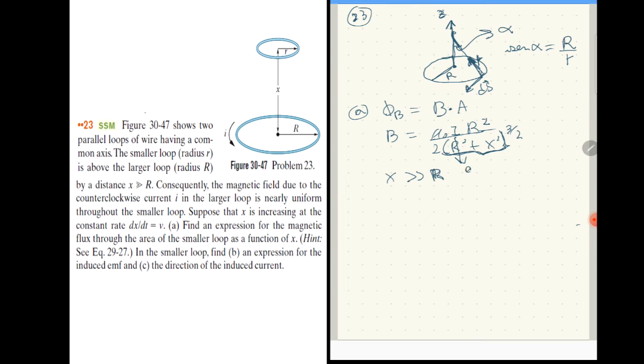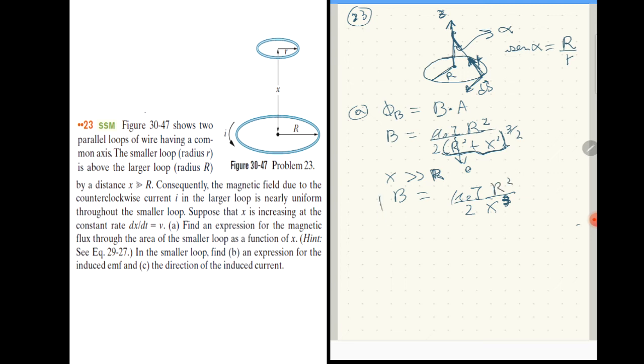So you get a B like this, with x to the 3 in the denominator, and R uppercase squared.